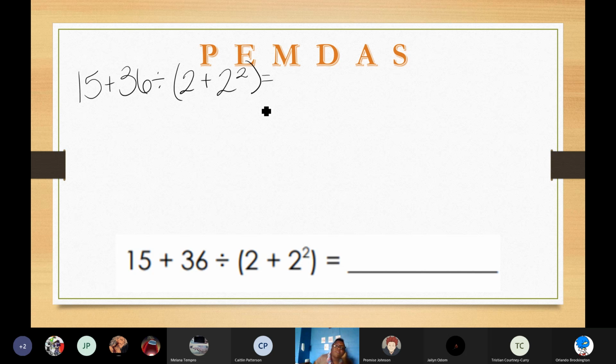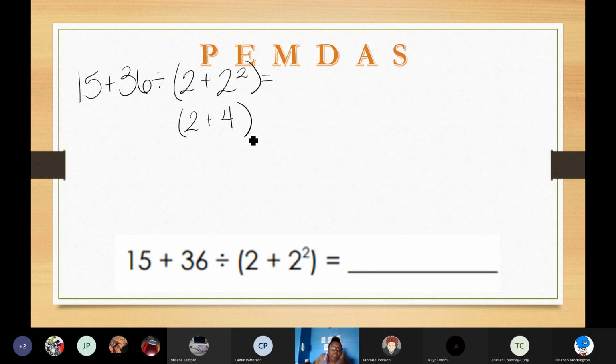Okay, so the first thing we need to do inside of our parentheses is solve our exponents. Okay, so we've got 2 plus, what is 2 squared? In other words, what is 2 times 2? 4.